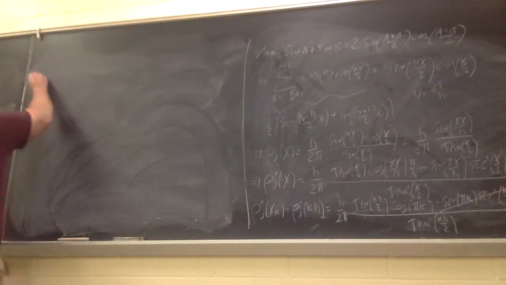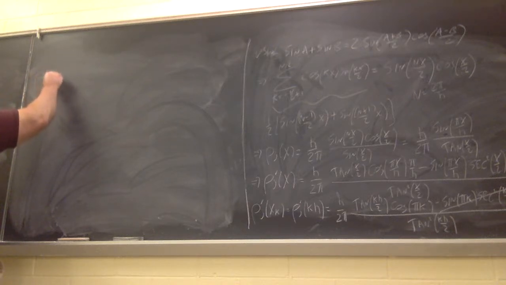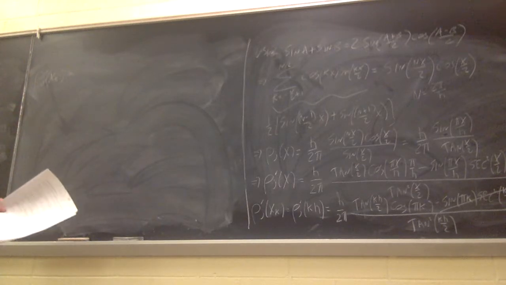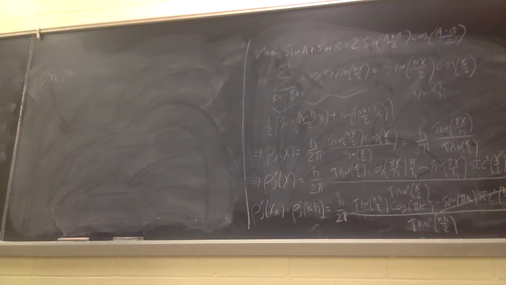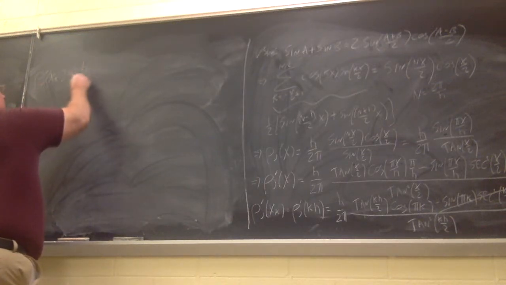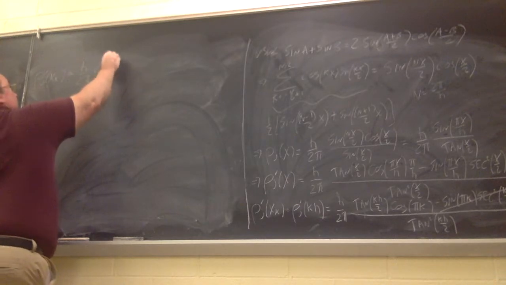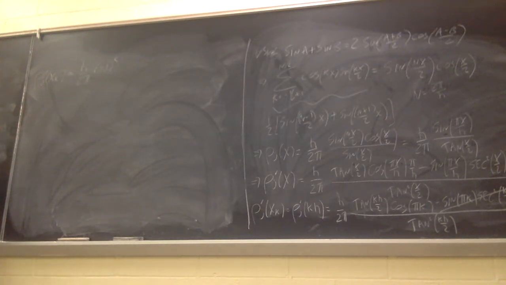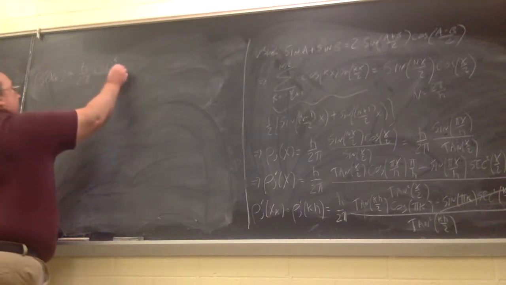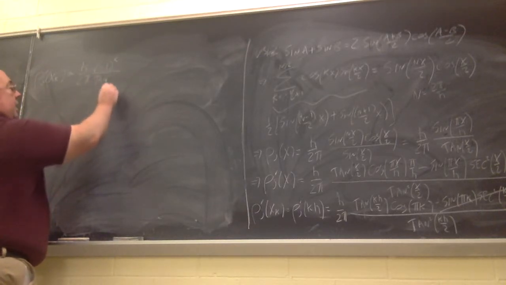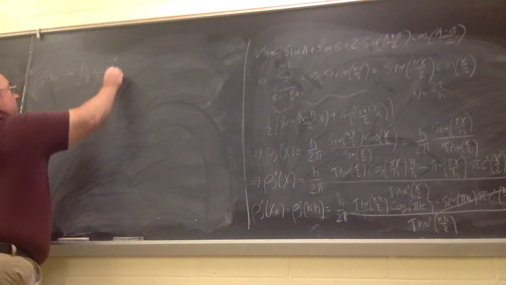So PJ prime at xk reduces to h over 2 pi times minus 1 to the k. That's what happens to the cosine, an easy way to express cosine of k pi, where k is an integer. And then we have tangent in the numerator and tangent squared at the same angle in the denominator, so we'll simplify that. So we have tangent kh over 2 in the denominator.